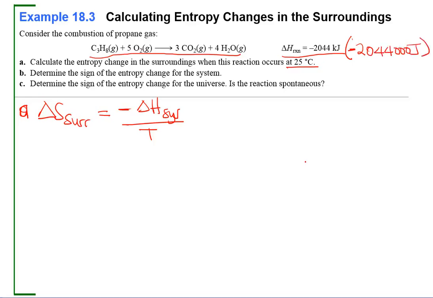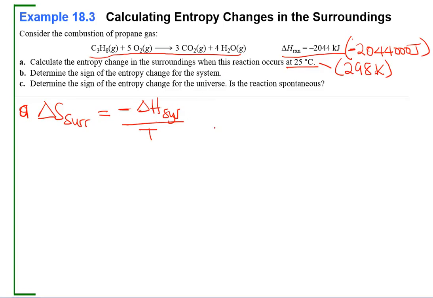You don't want to use kilojoules in this equation. And the temperature here should be given in Kelvin, 298 Kelvin. So when you are given temperature in degrees Celsius, you need to change it to Kelvin.